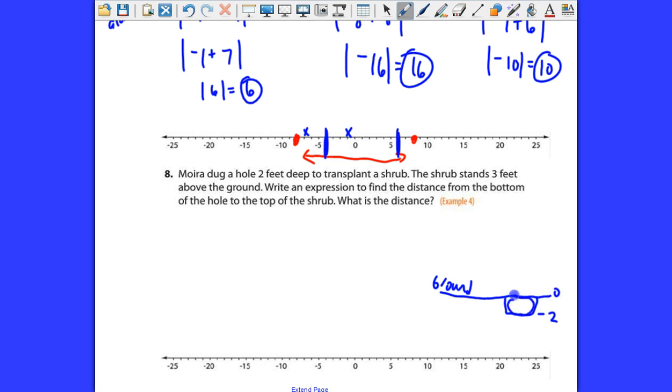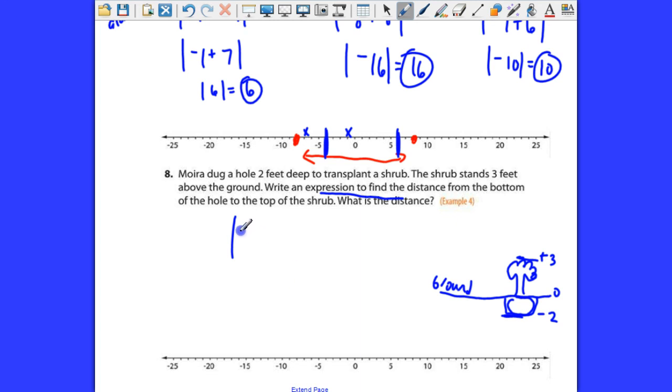So they plant the shrubbery. The shrubbery grows to 3 feet. Positive 3. So this says, write an expression to find the distance from the bottom of the hole to the top of the shrub. Well, distance means its absolute value.